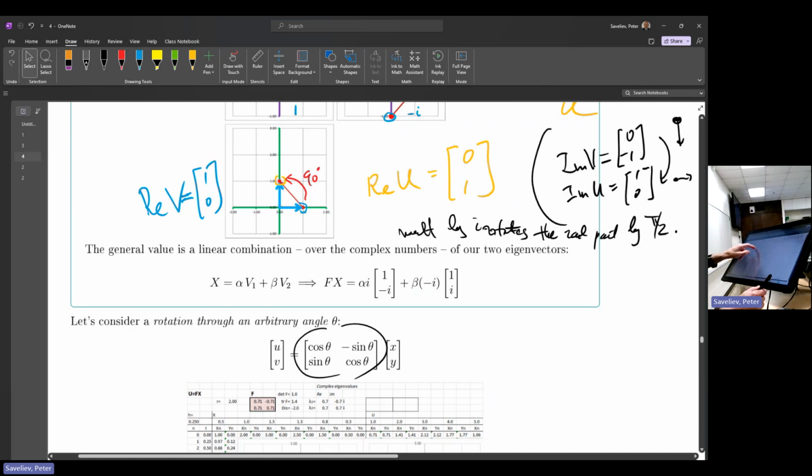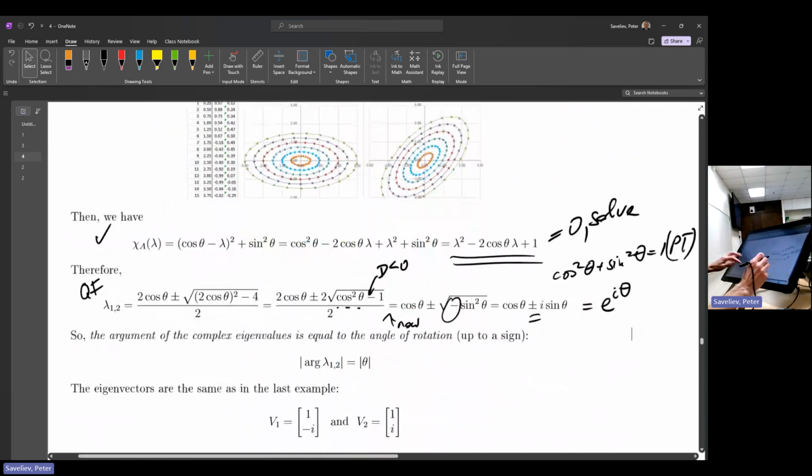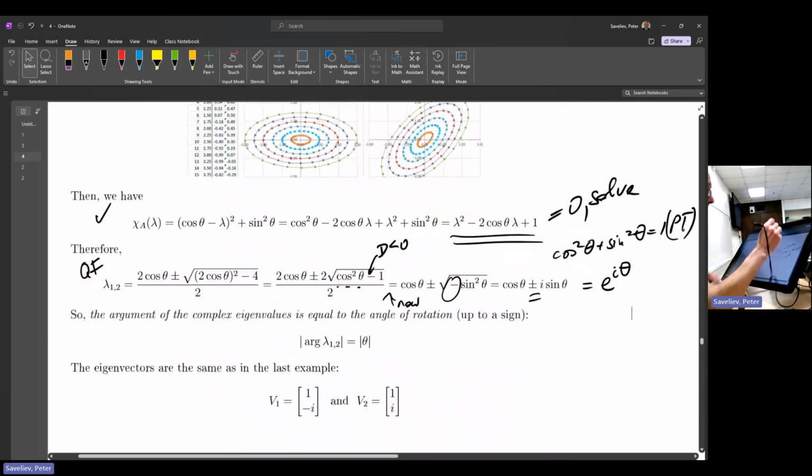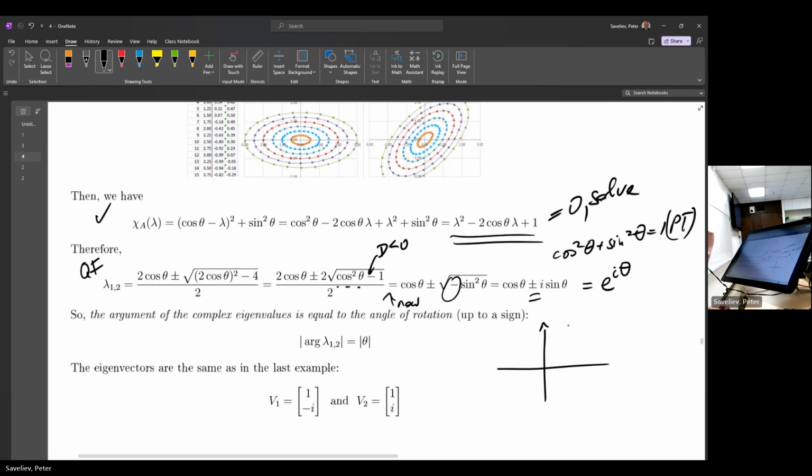Okay, so not coincidentally, and I don't have a picture here, but if I were to plot these two numbers, plus or minus i theta, it looks like this. So this is my theta.